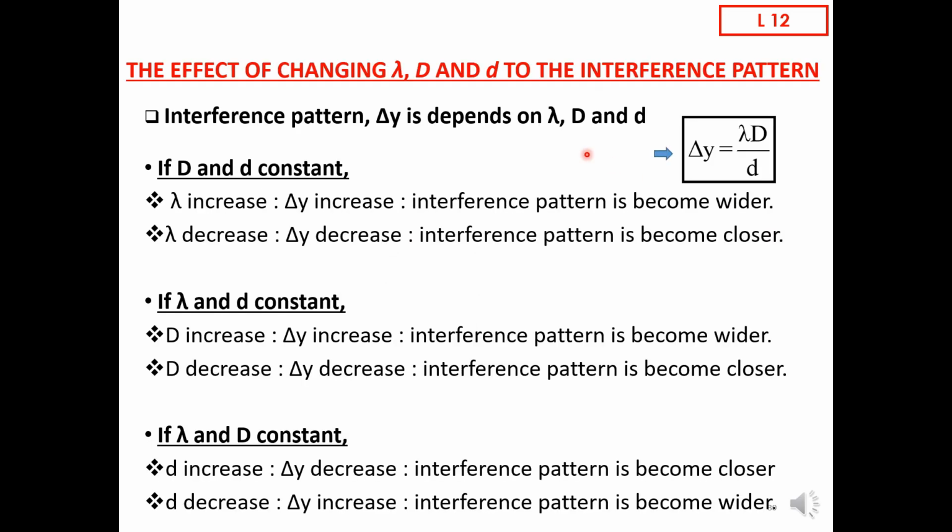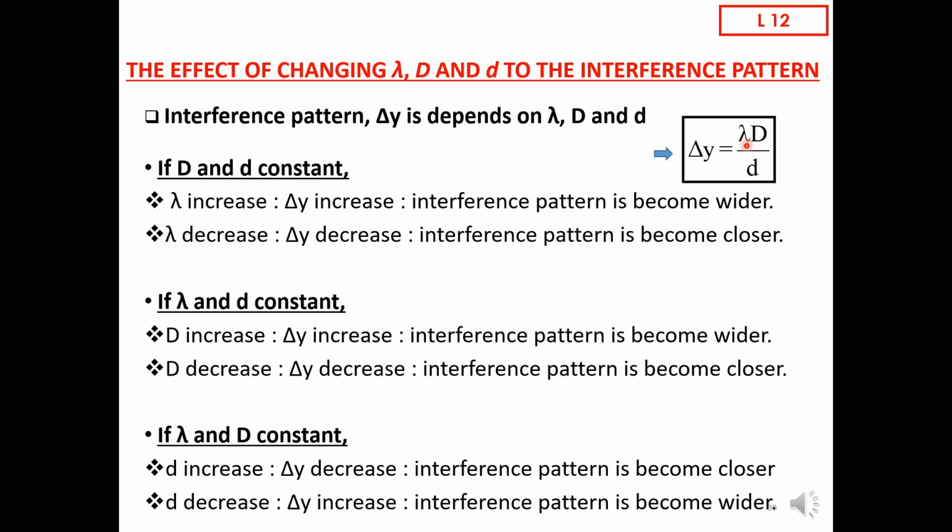Next, the effect of changing lambda, capital D and small d on the interference pattern. The interference pattern refers to delta y, which depends on lambda, capital D and small d. If the distance between the screen and slit, capital D, is constant, and the distance between the two slits is also constant, what happens if we increase lambda?